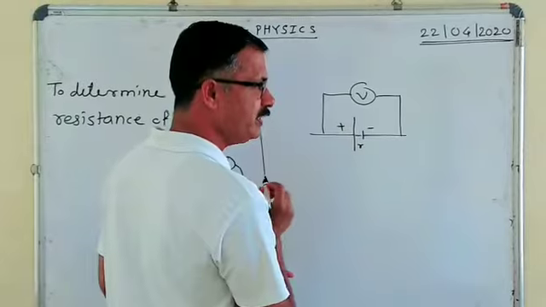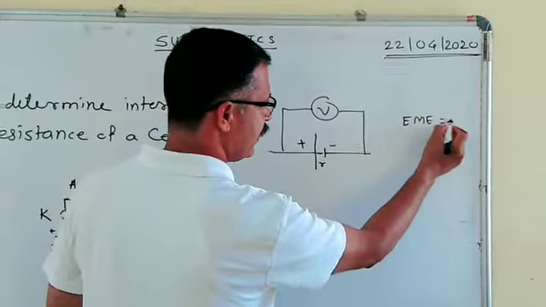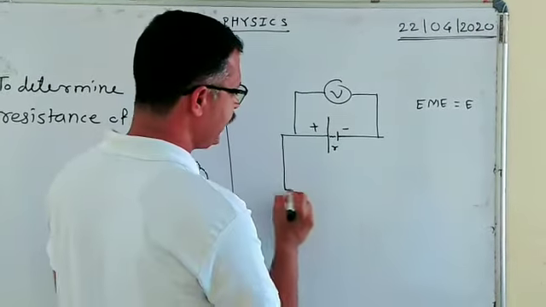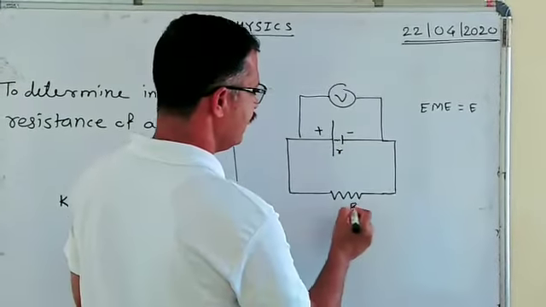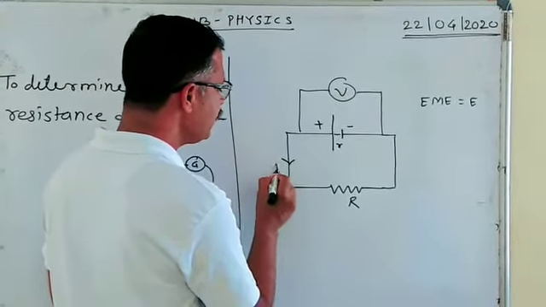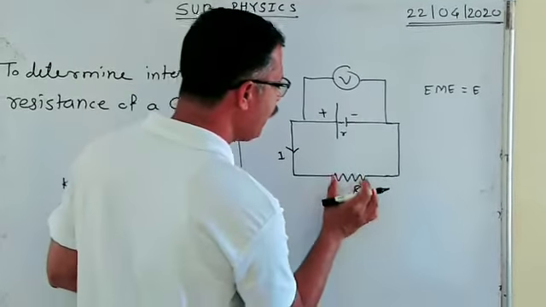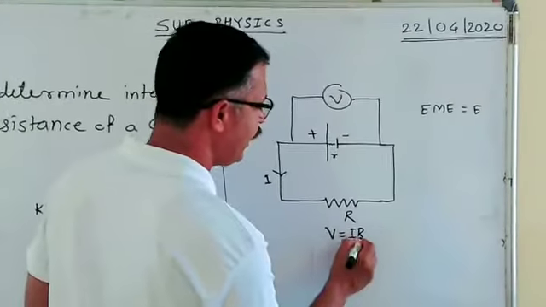That total potential is called the EMF. When this cell is connected to the external resistor R, then current flows through this resistor R. The potential difference developed across this R is nothing but V is equal to IR.